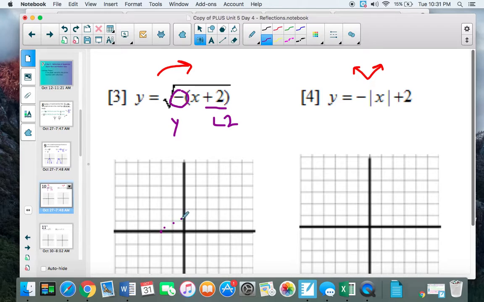Now normally my swimmer's arm goes out towards this way, but now it's going to be flipping backwards, going this way. So I'm going to go back 1, up 1, and back 4, up 2. And my new swimmer's arm is going to be going this direction because it's flipping the y-axis. So if you see this line here, it's flipping this line right here. Okay? That's the only function that can flip the y-axis again, because it's the only one that's not symmetrical.